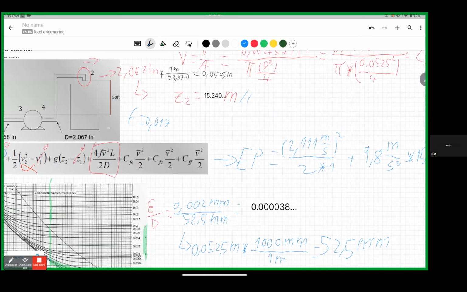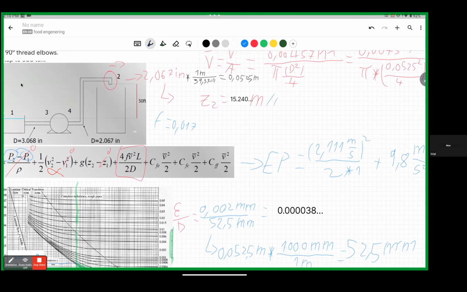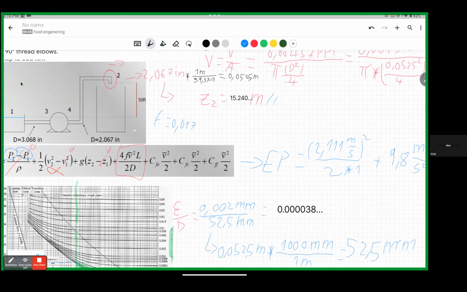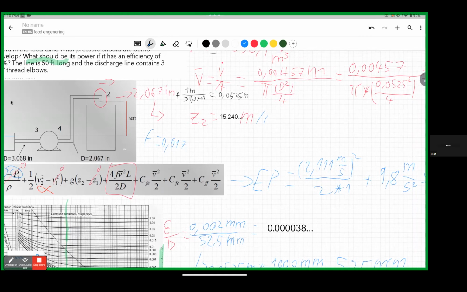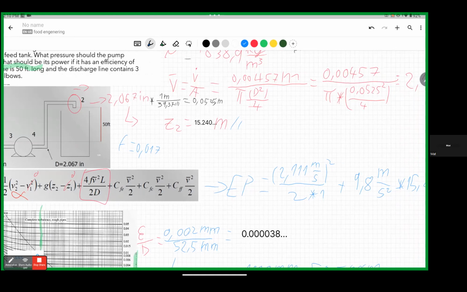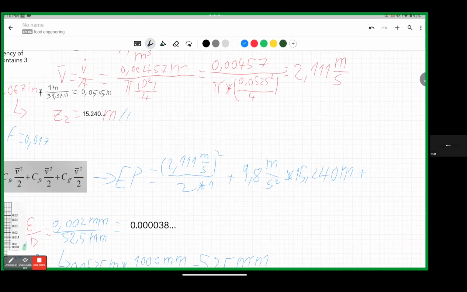The length of the piping, in this case, is 50 feet or 15.240 meters. For the diameter, we are using 2.067 inches, but we are moving that into meters for getting our final answer. Okay, with that information, we can start solving this part of the problem.